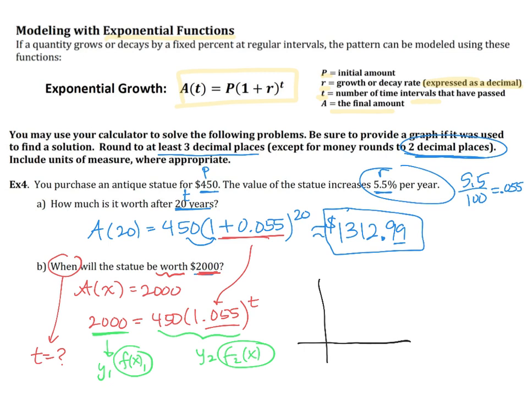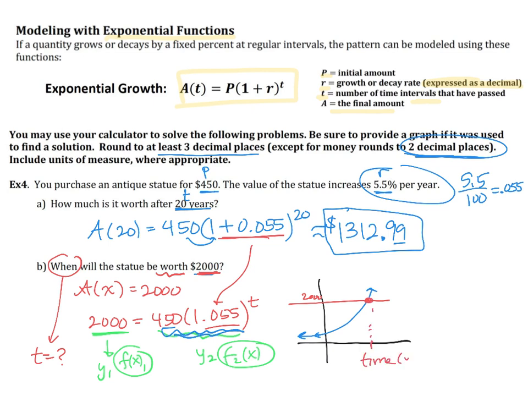So your graph, this is what you would have to show on your paper, right? You have a graph that looks something like this. That's this right-hand side. So it's going to look something like that. And then we're seeing where it intersects 2,000. So we're trying to find where this intersects.